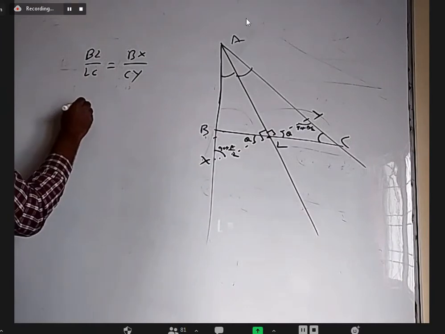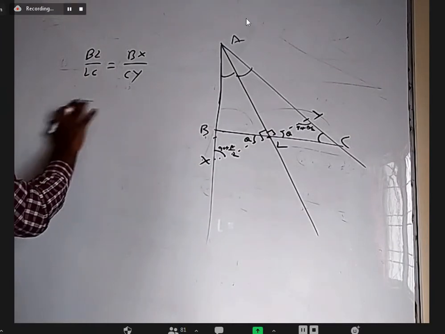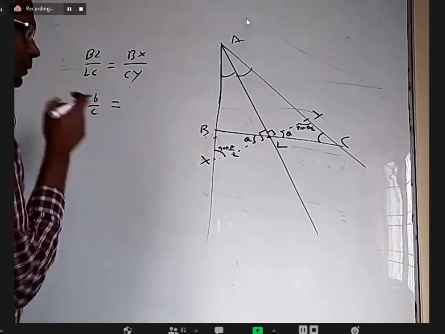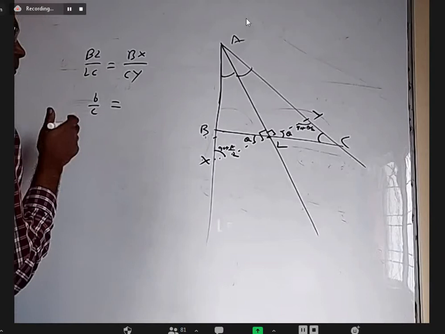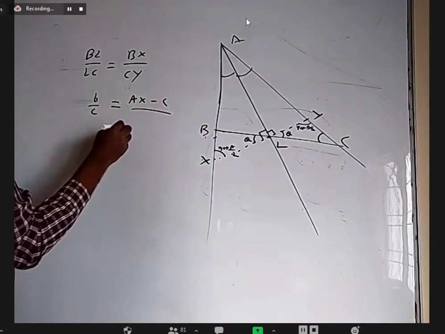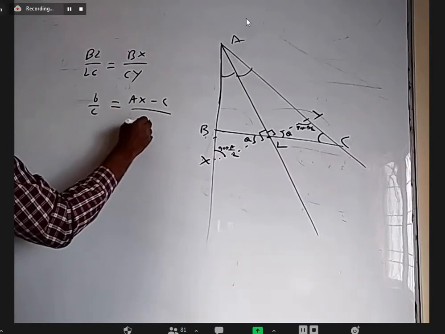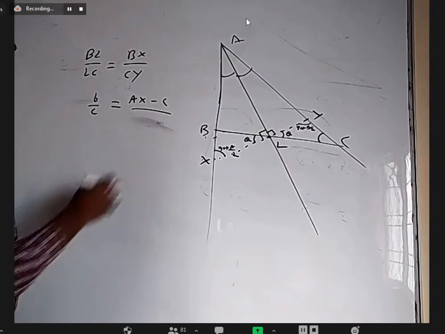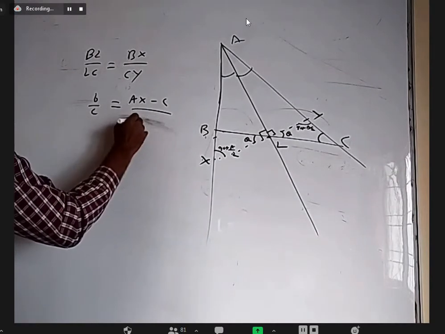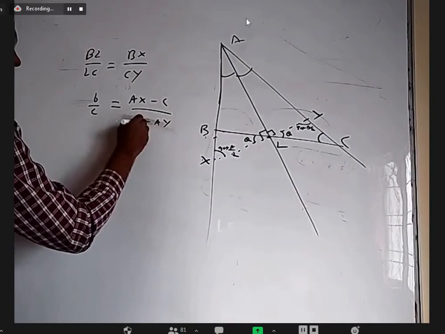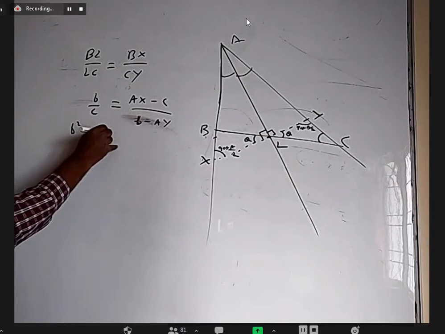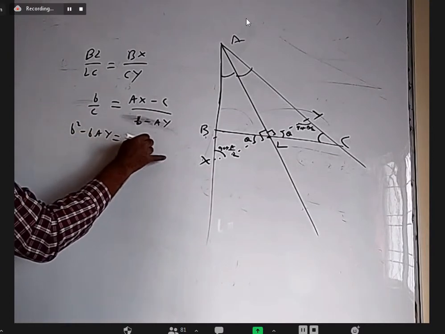BL, the formula is, in fact, BL is to LC is, we know AB is to AC, B by C. What is BX? AX minus small c. This is AY, no, AC, that is B minus AY. B square minus BAY equal to CAX minus C square.